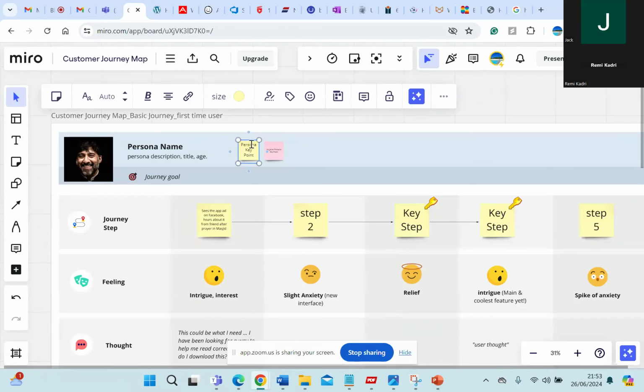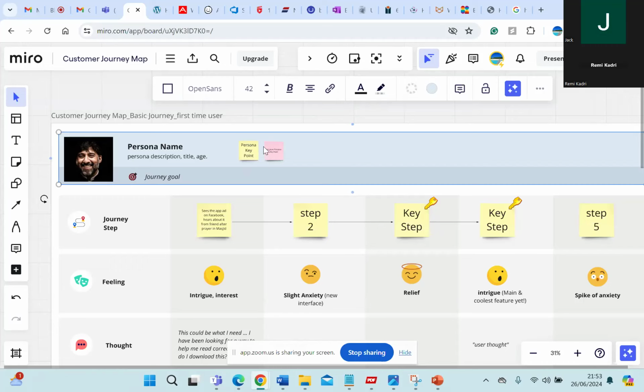Let me see if it'll do. Oops, sorry. Undo. I wanted to copy this. But for Miro, most of the time you can copy and paste their sticky notes. These notes are usually not just editable, but you can copy them and then use them for different things.